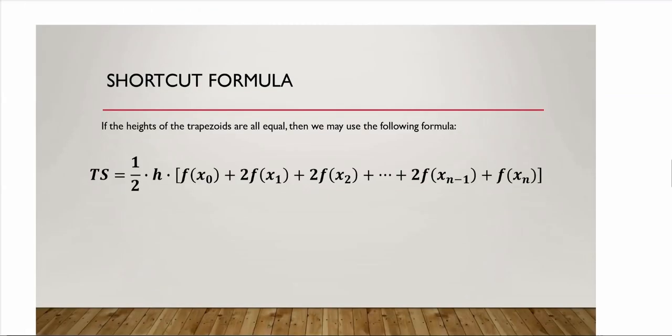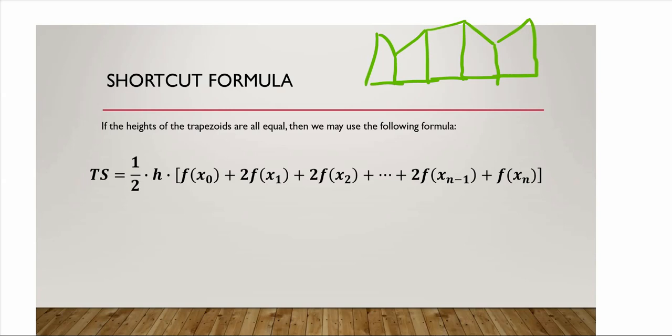Now, there's a shortcut formula. The shortcut formula is very applicable and very easy to do if you understand one thing. Let me go ahead and draw a multitude of trapezoids, some weird ones.